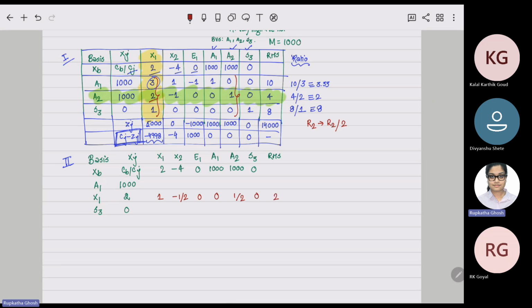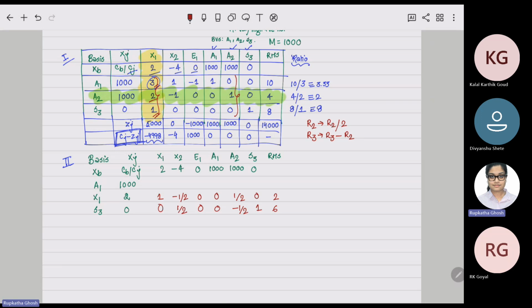Also ensure that your right hand side values are also getting impacted. Now once this has become 1, I need to make this 0 as well as this 0. So what I can do now is R3 equals R3 minus R2. So 1 minus 1 is 0, 0 minus minus half is half, 0, 0, minus 1 by 2, 1, and 8 minus 2 is 6.